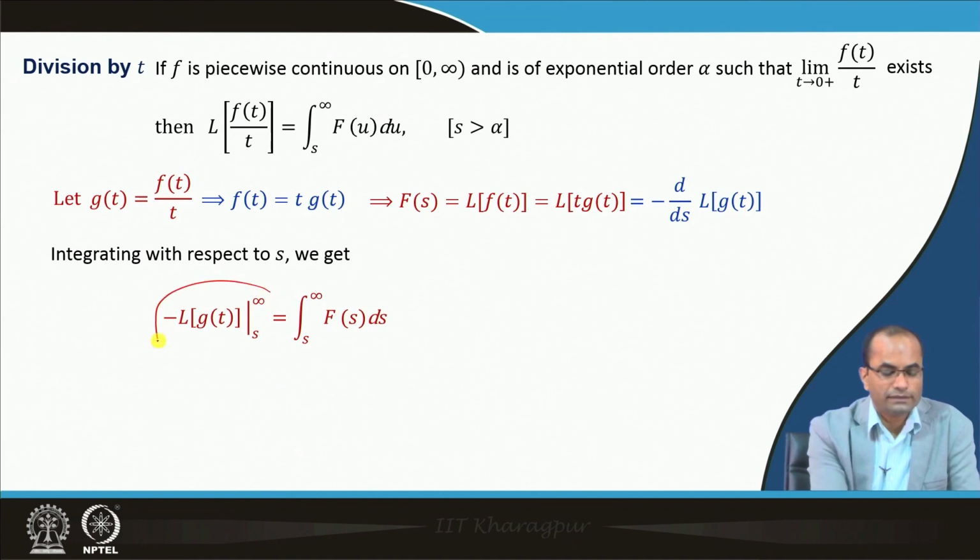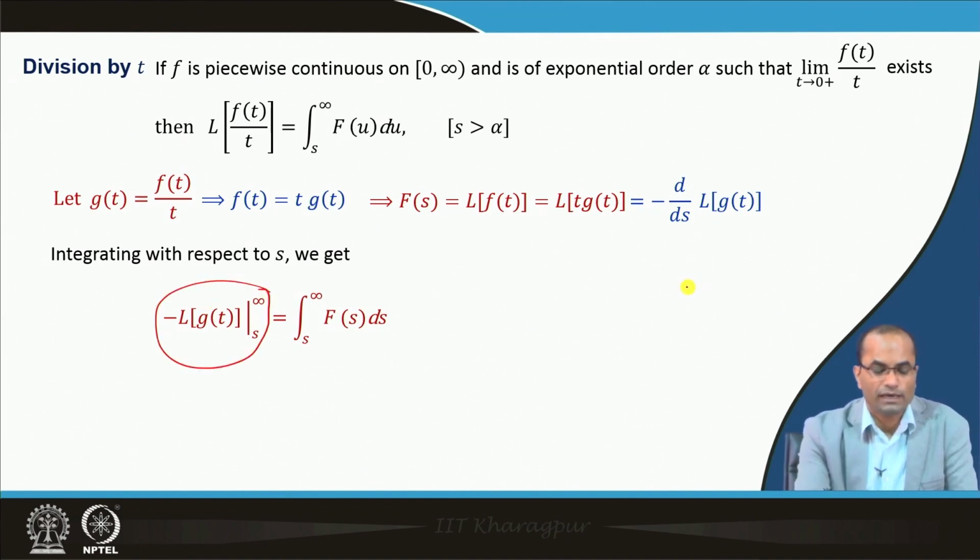Now, we have to look at these limits here. We have this Laplace transform of g t, and we are looking at what will happen when s goes to infinity. This is a function of s.